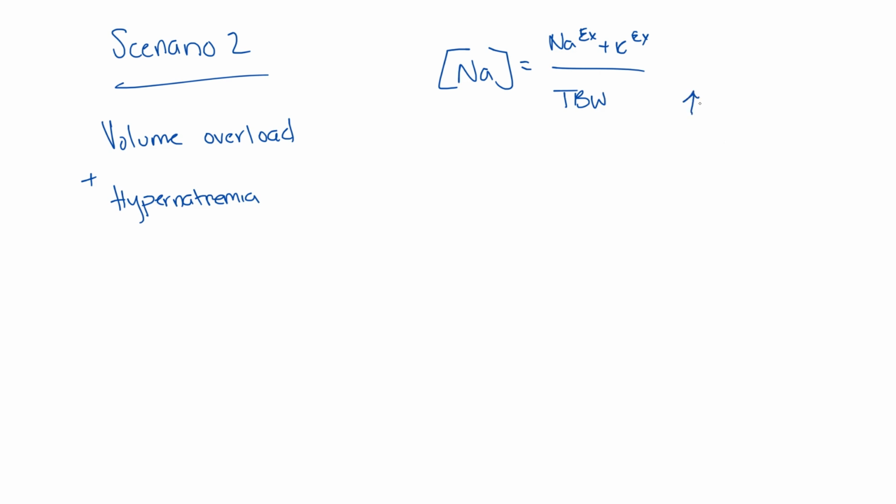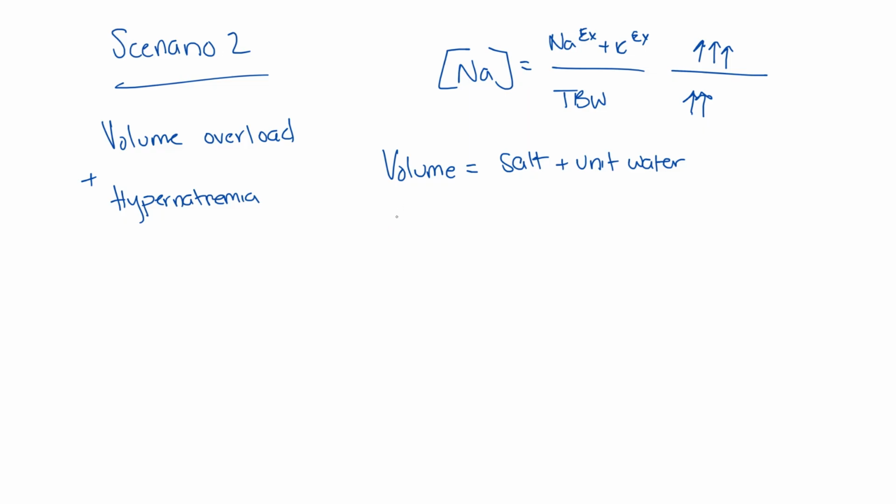So this total body water is up, but their salt content relative to their total body water is even higher. Now remember from our hyponatremia talk, volume equals salt plus a unit of water, okay?